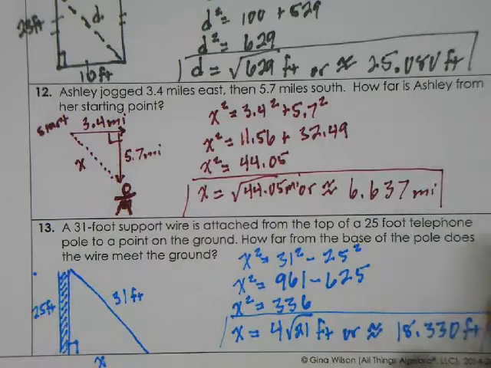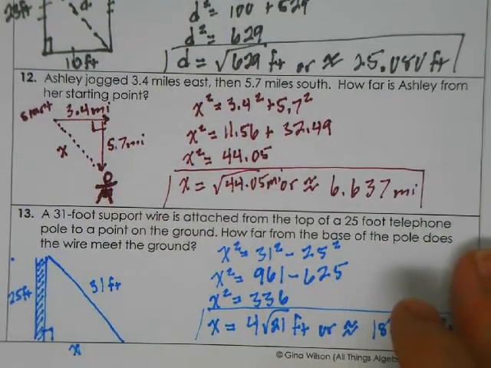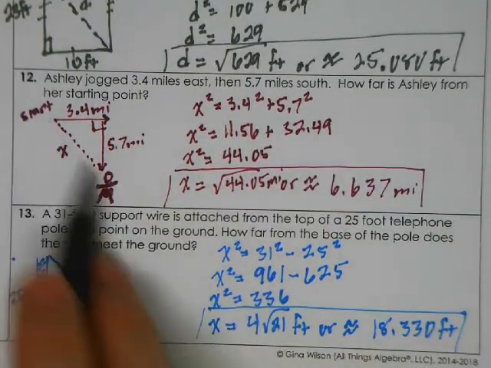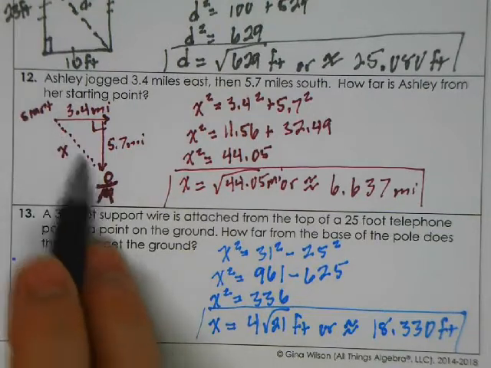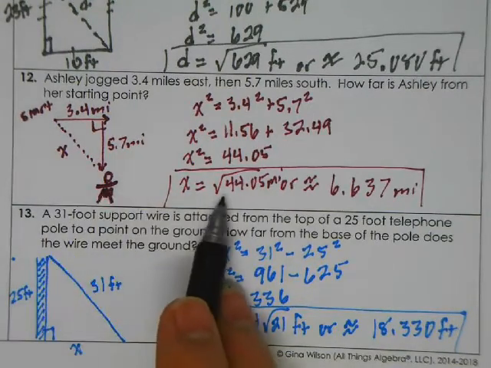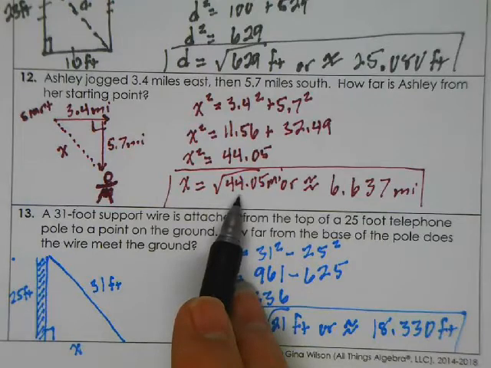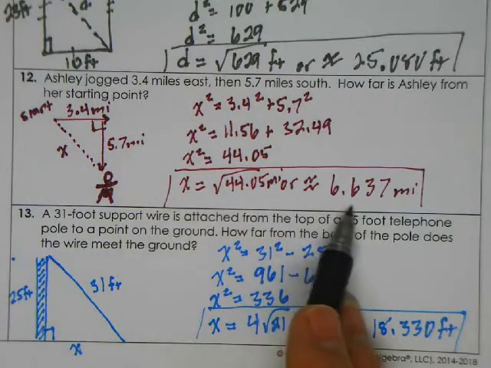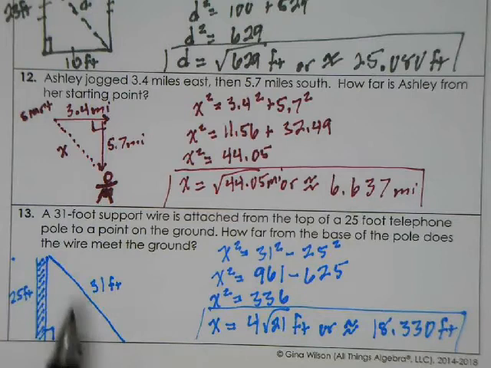So the distance that she is from home is going to be this diagonal here. So that works out to be 44.05 miles squared, or about 6.637 miles.